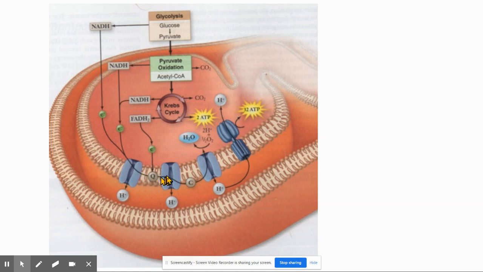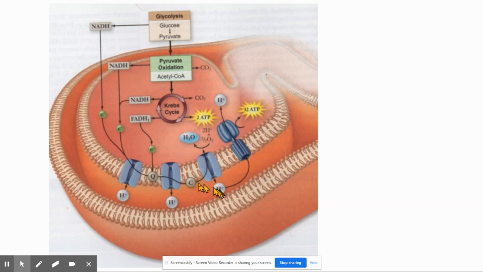It's going to carry the electrons to the next protein, and that's going to pump hydrogens across that. These are all proteins, but they get their energy from the electrons. The electrons have energy, and that's going to carry it over here. Oxygen is the final electron acceptor, and it's going to combine with two hydrogens and make water.